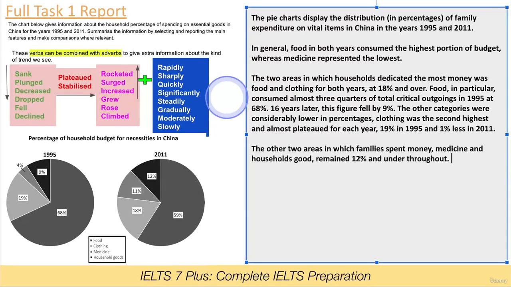Let's talk about how there wasn't much of a difference with household goods.